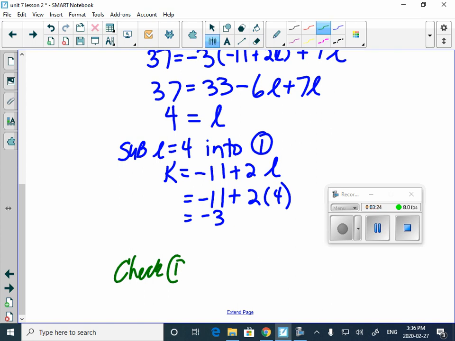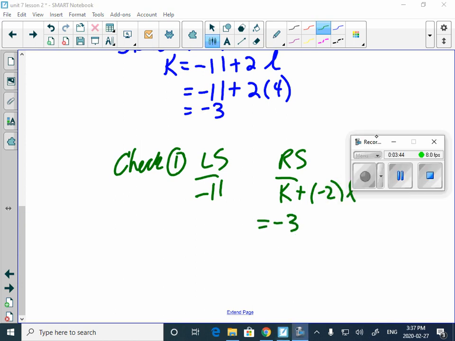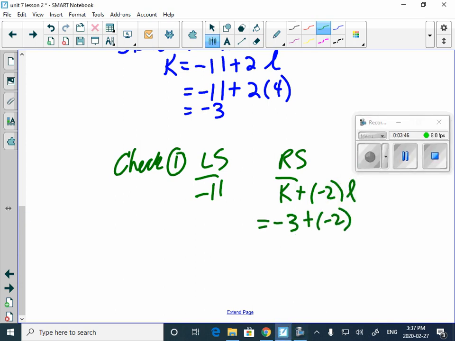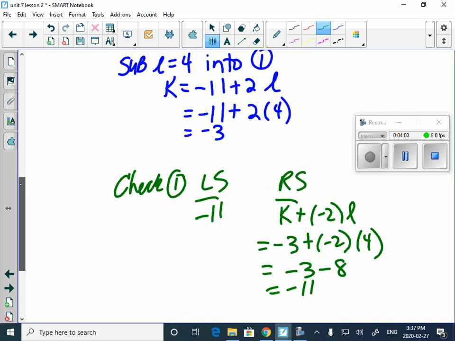Left side is negative 11, right side is k plus negative 2l, which for our values would be negative 3 plus negative 2 times l, 4, which is negative 3, subtract 8, which is negative 11. Left side equals right side. That means that I can write w as a linear combination of u and v.